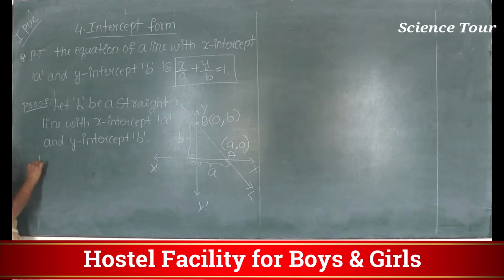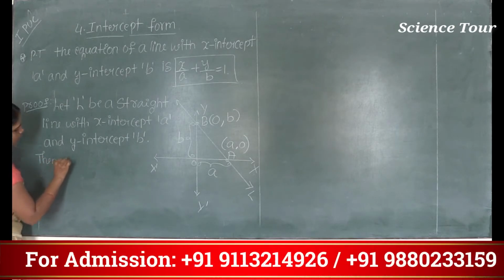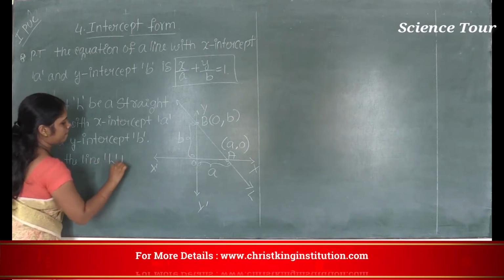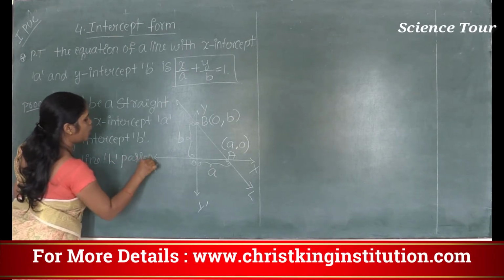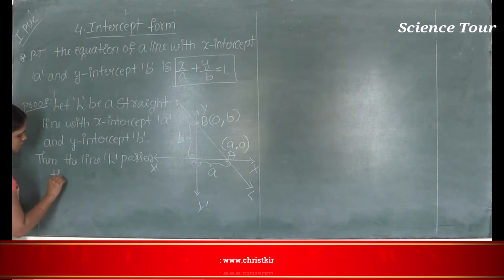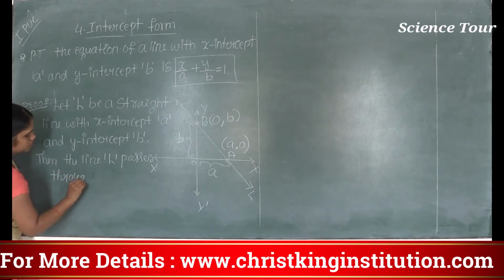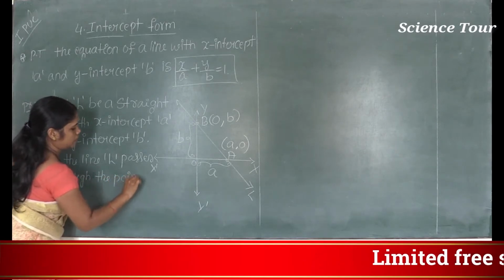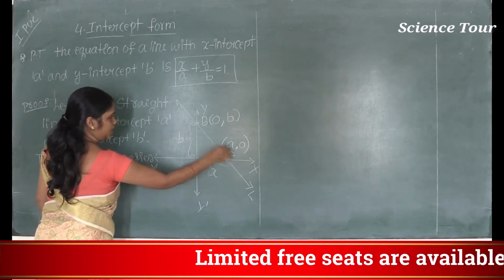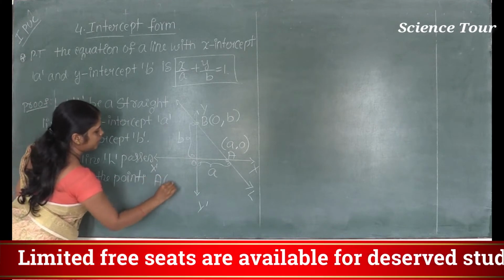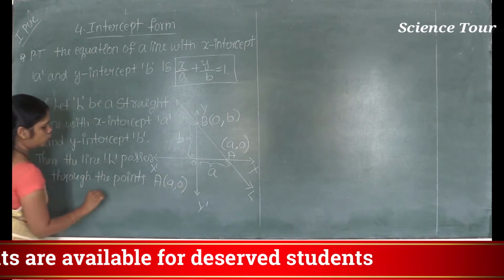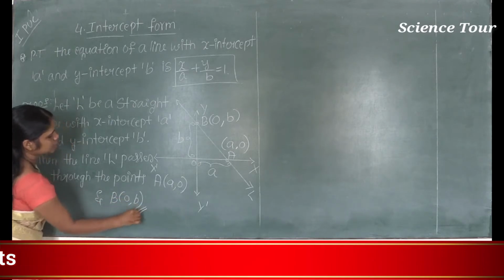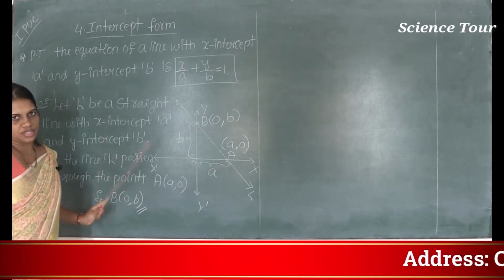Then the line L passes through which two points? A and B. Point A whose coordinate is a comma 0 and point B whose coordinate is 0 comma b. Okay, so this is the explanation.